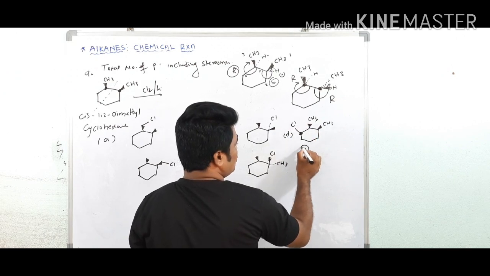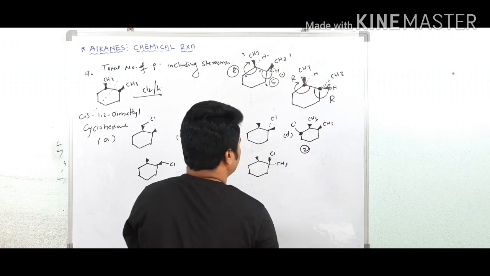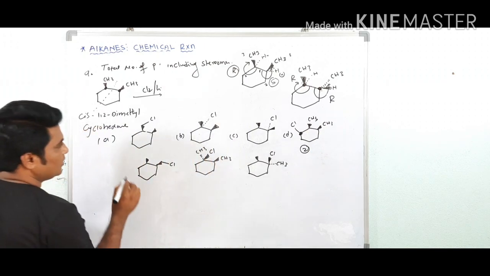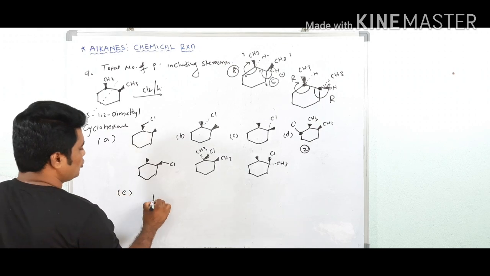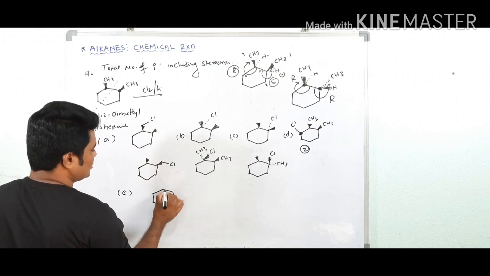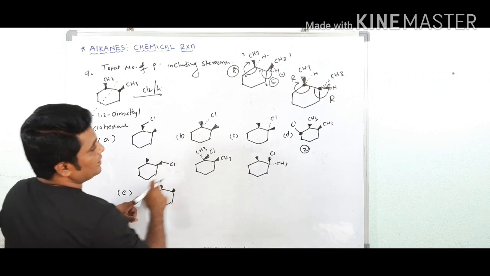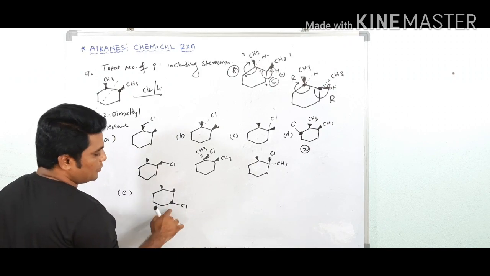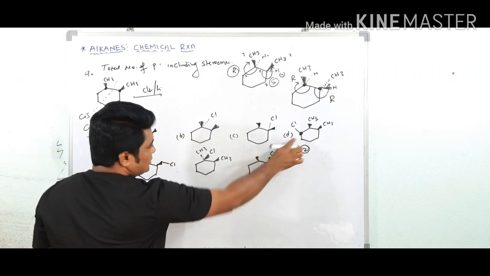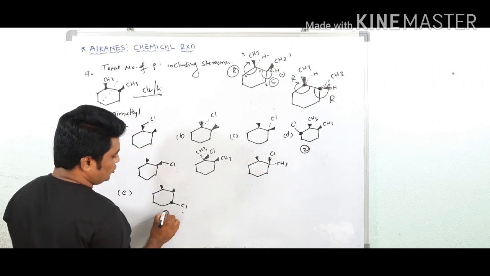Here you are getting 2, one above the plane, one below the plane, and A, B, C, D and E. You can write that the stereochemistry of this carbon atom does not change. But see here, we already did. Now here also 2 you are getting, one below the plane, one above the plane, because these both carbon atoms are not same. Here also 2 you are getting.